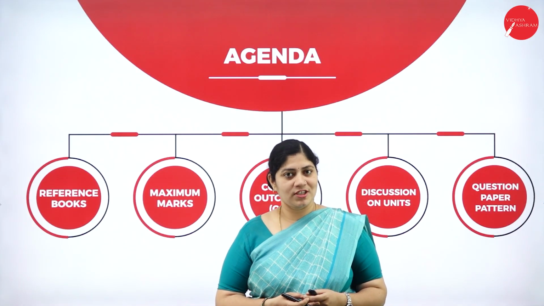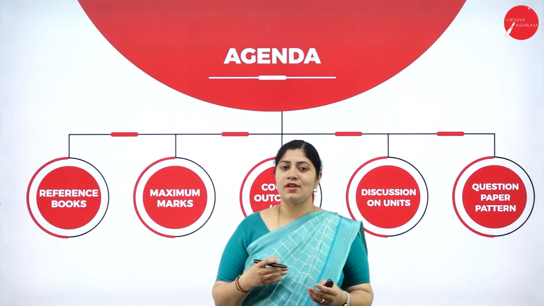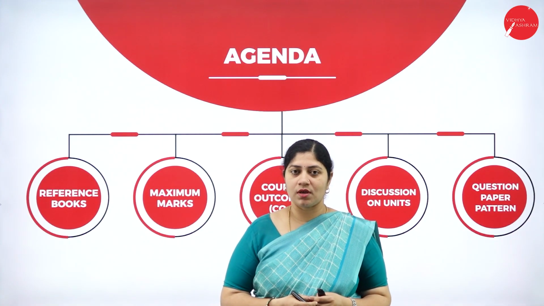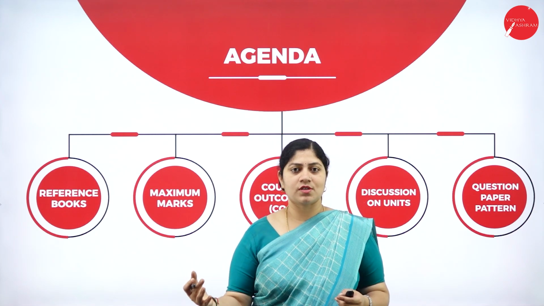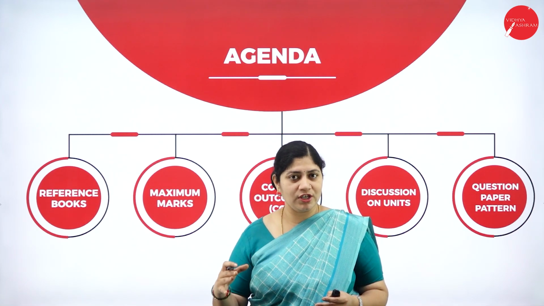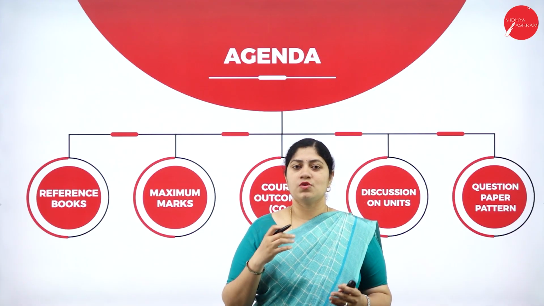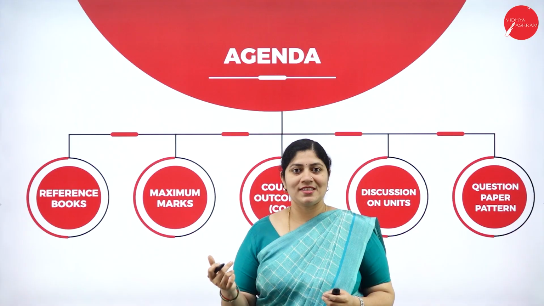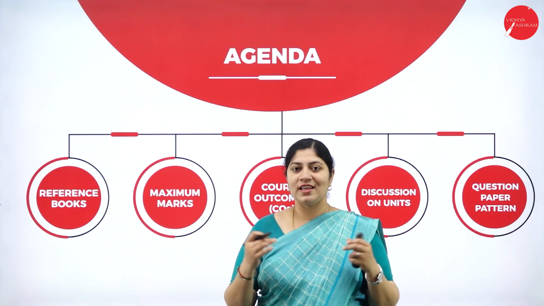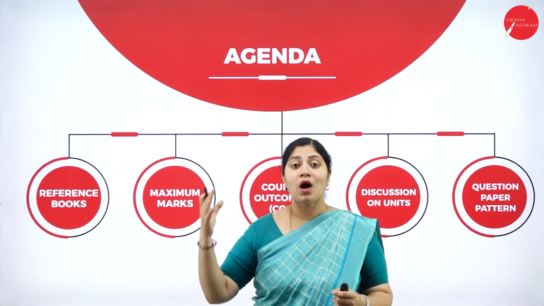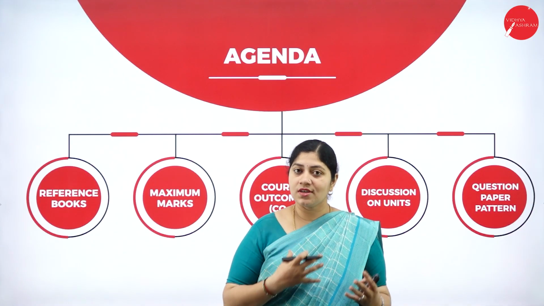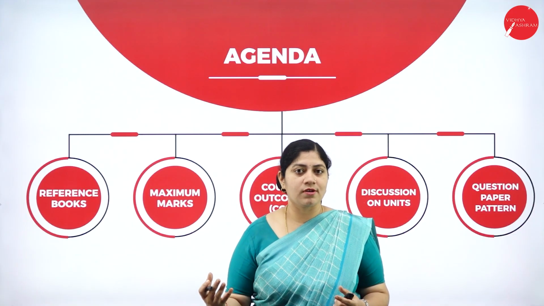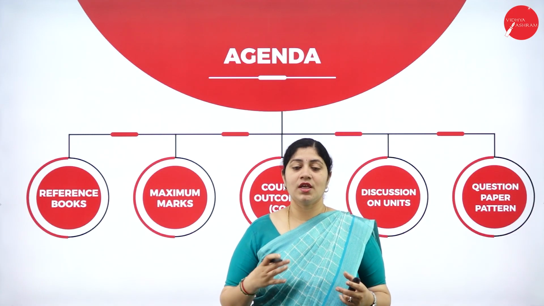Let's see what is the agenda of today's session. In today's session, we will be understanding what is the course code and the number of credits that has been allotted for this subject. Up next, we will also be discussing what is the maximum marks allocation. Then we will also be understanding which is the reference book that we have to refer for this subject. Also, crucially, we will be understanding the outcome of the subject, like by studying this subject, fundamentals of data science, what is the advantage or the outcome, how it will be helping me in the real world.